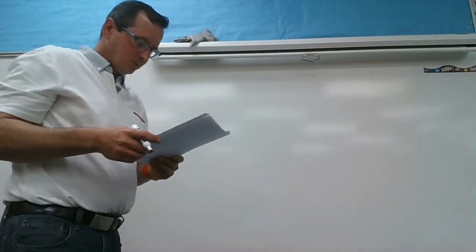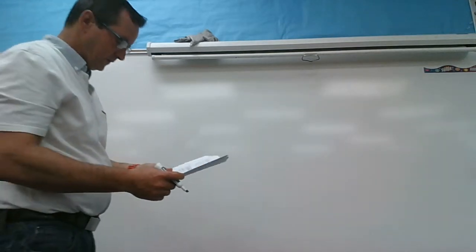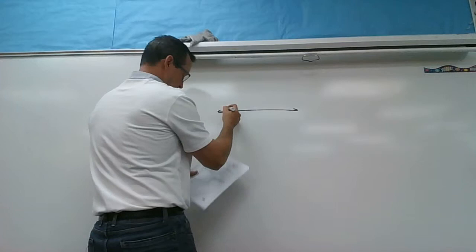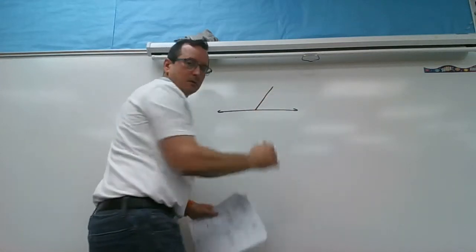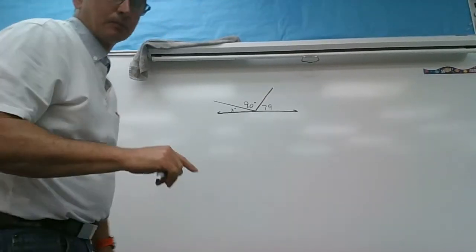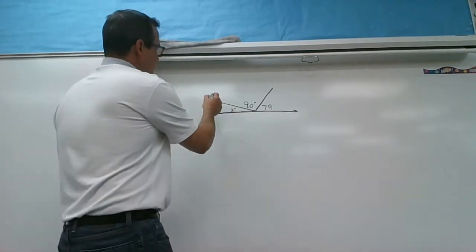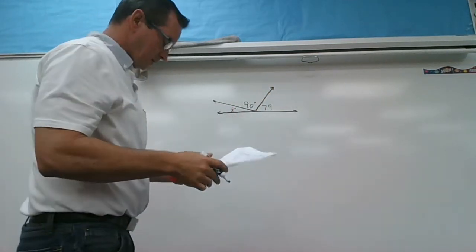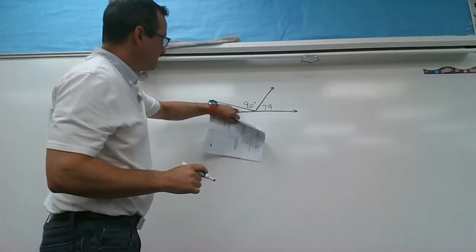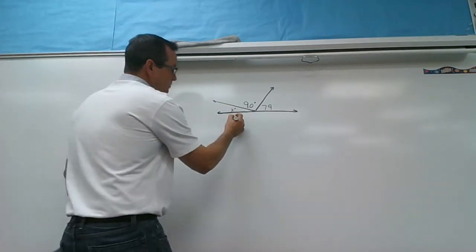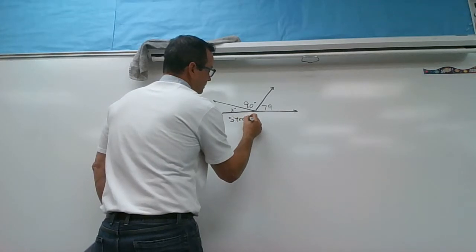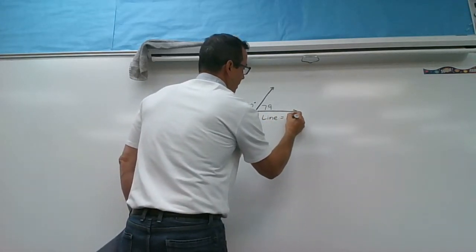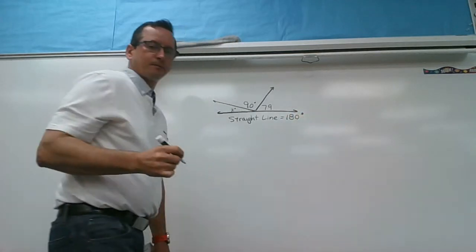All right, question number 8. What is the measure of the unknown angle in the figure? So we have this figure here like this. All right, now we have this straight line here, and we have 1, 2, 3 angles. So they're asking us what is the missing angle. We know that a straight line is 180 degrees.